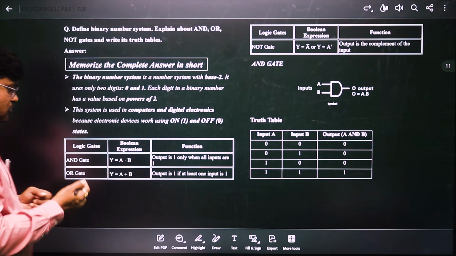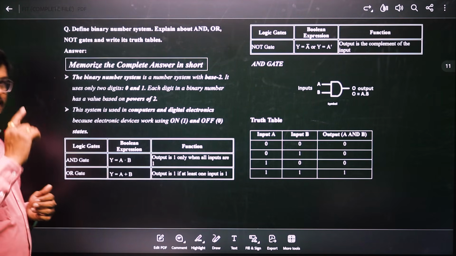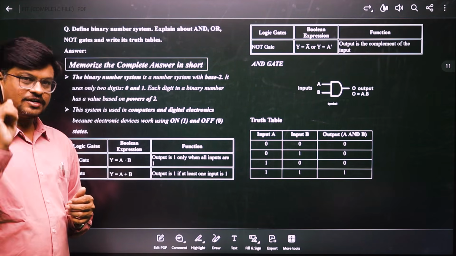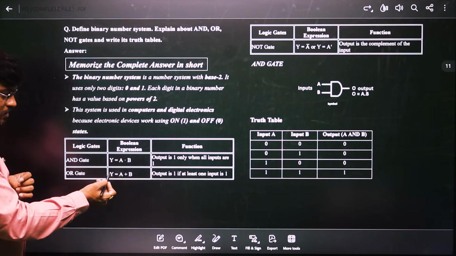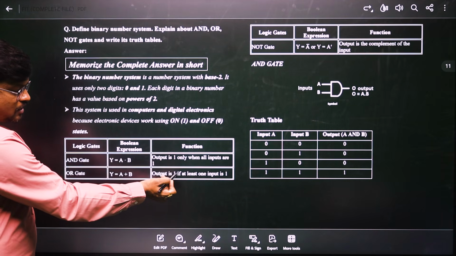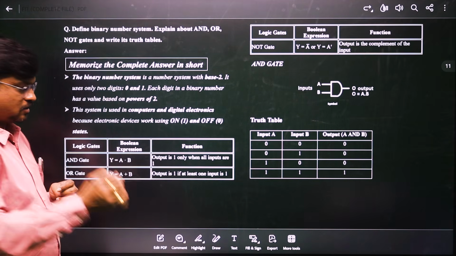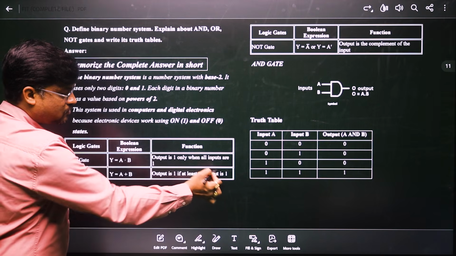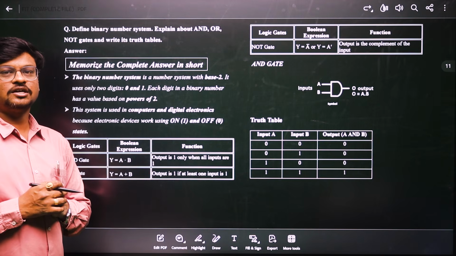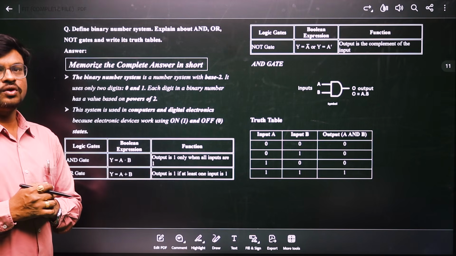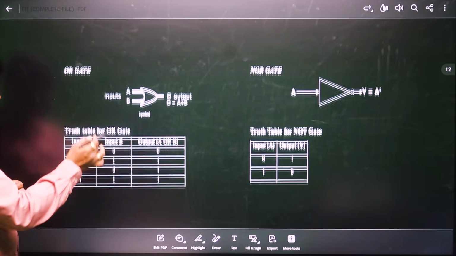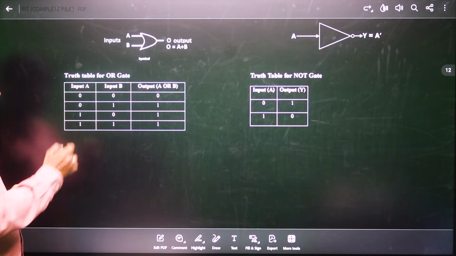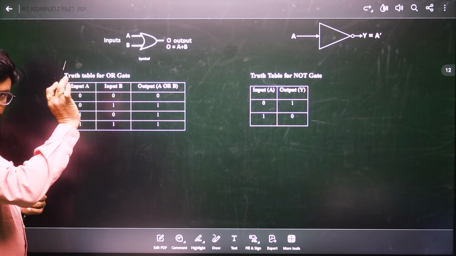A little opposite to this is logical OR. If at least one input is true, my final output is true. That is, output is 1 if at least one input is 1. That is logical OR. True or false? True. True or true? True. False or true? True.